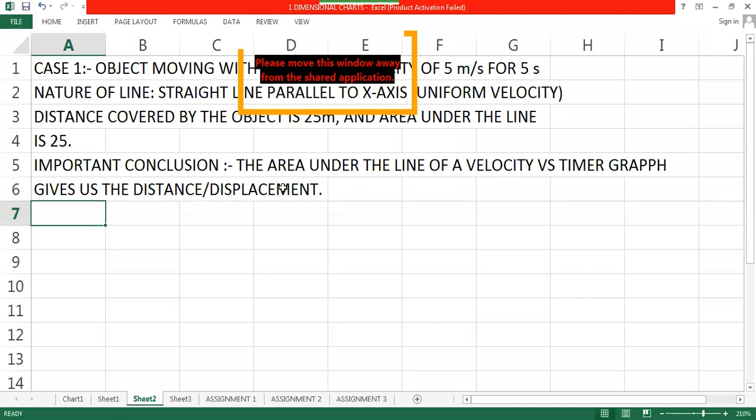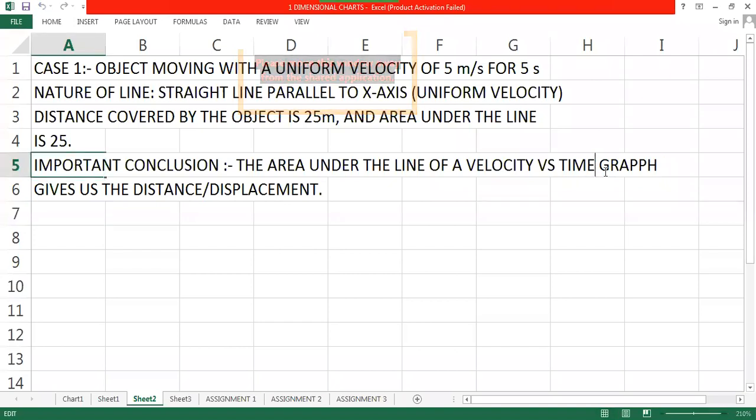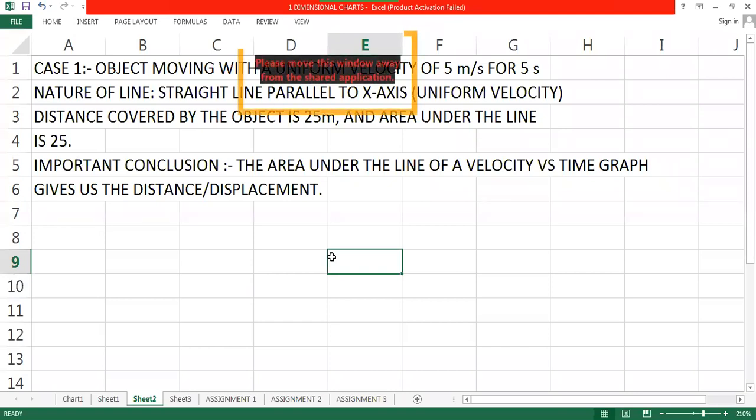Clear? Write down the area under the line. The area under the line of a velocity versus time graph gives us the distance, or we can say displacement.